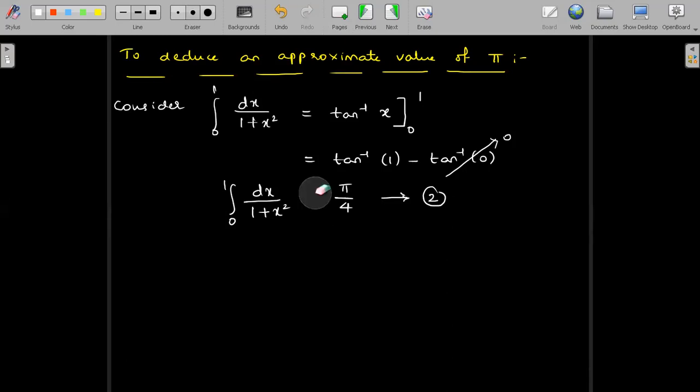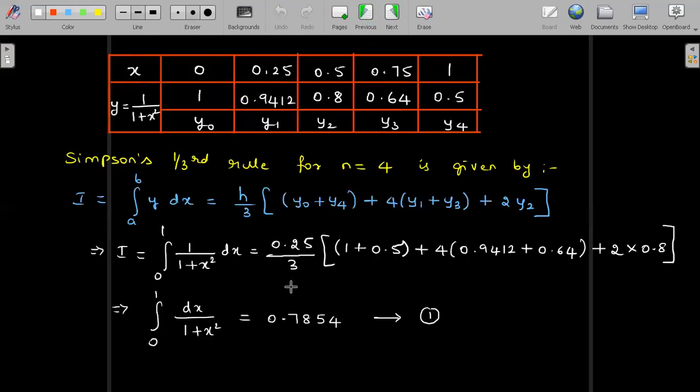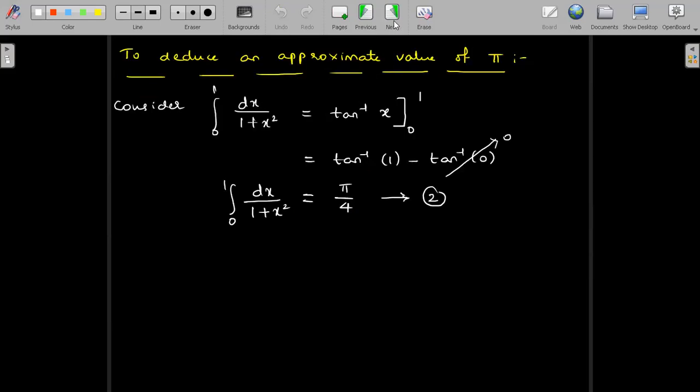So now with this value, we shall compare equations 1 and 2 and deduce a value for pi. Observe equation 1, left hand integral is same, dx divided by 1 plus x square, whose answer is 0.7854. So we can compare the LHS of equations 1 and 2 and equate the RHS.